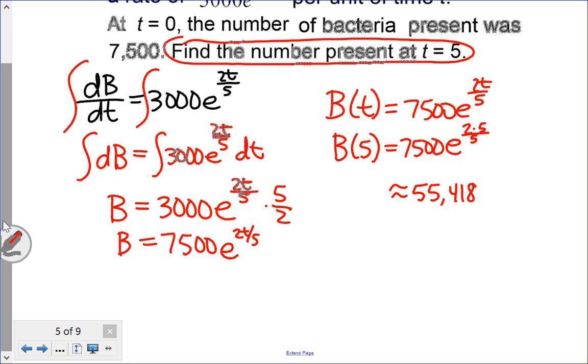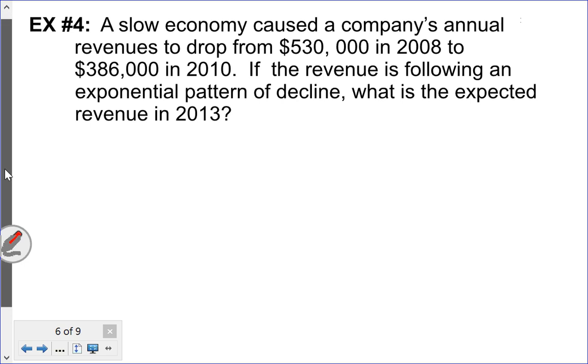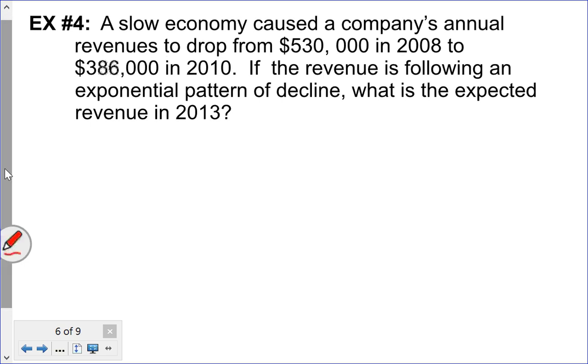So let's go to another one. This is example 4. So we have another situation where we have some information given. They're telling you that there's an exponential pattern of decline. So this is exponential decay. So the situation is they've given us 2 different conditions again.